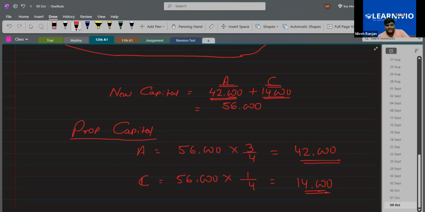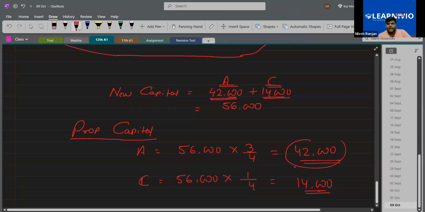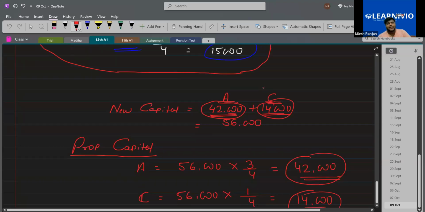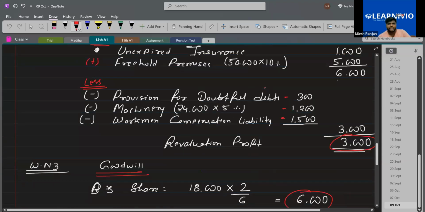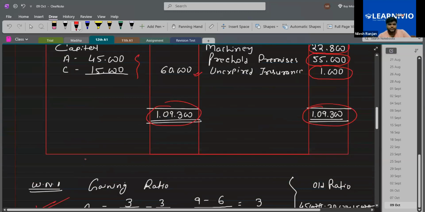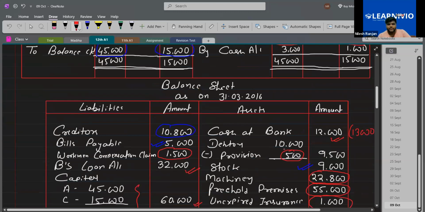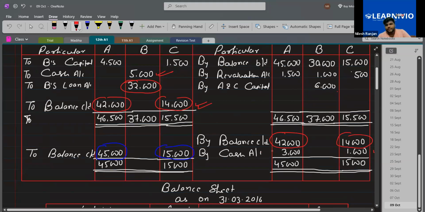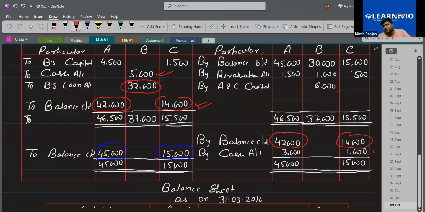But in some cases, there will be a difference between adjusted capital and proportionate capital. So again, we will write this amount as balance c/d, this amount as balance b/d, and then compare it, as we have done here, and the difference is transferred to cash or current account.